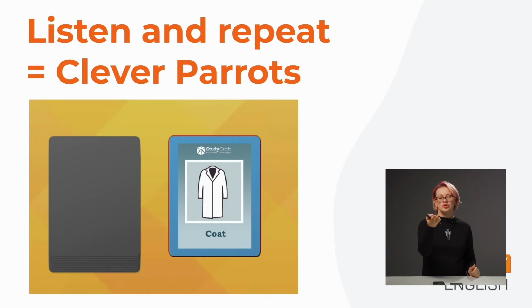For example, you show a coat and you say a jacket. If you show a coat and say a jacket, students don't say anything. But if you show a coat and say a coat, they must repeat after you. So you see, this is just an exercise, listen and repeat. But when it is turned into an interactive activity, into a game-like activity, your students find it much more useful and much more interesting.